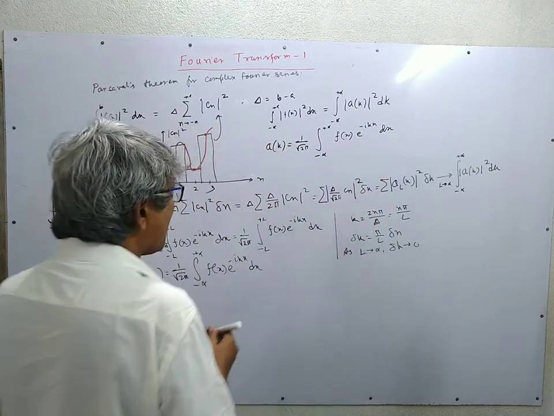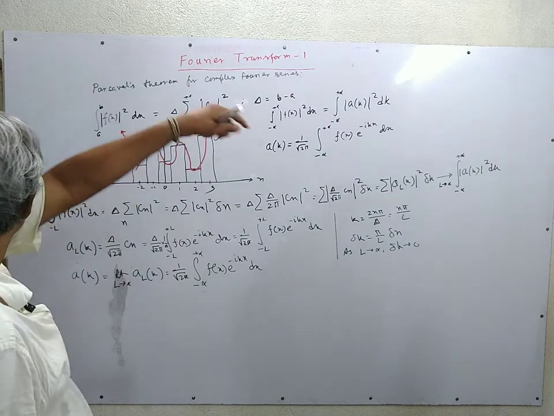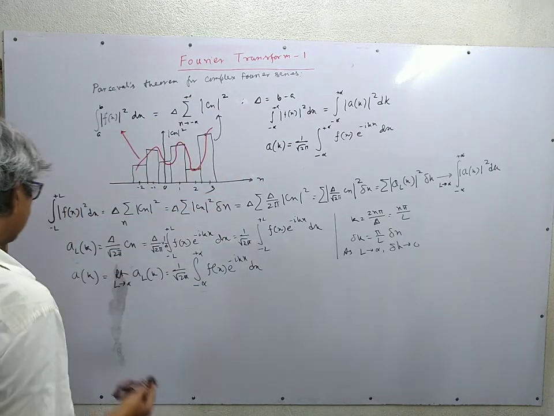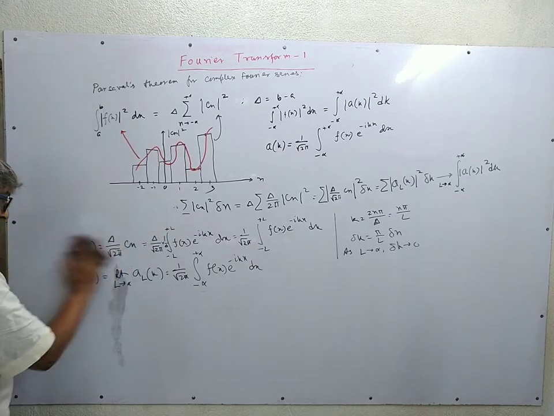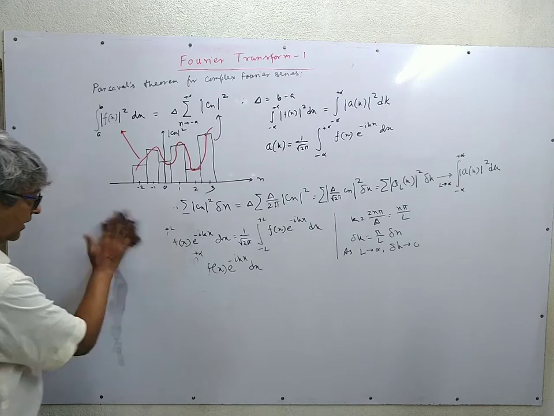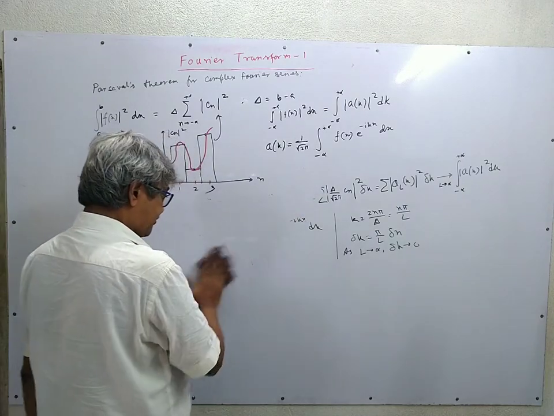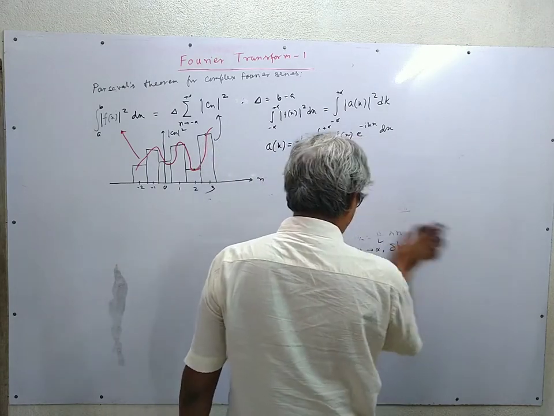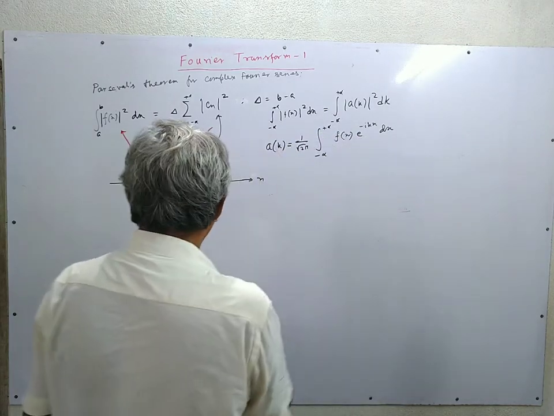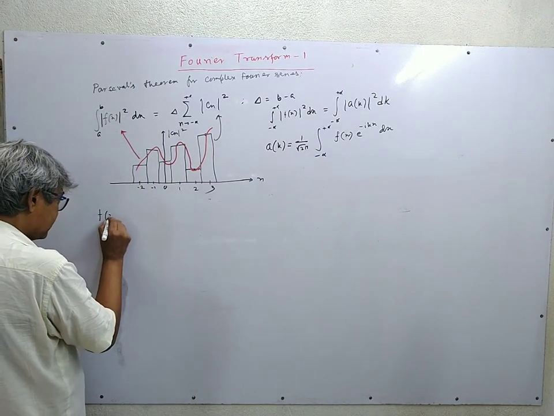What happens to the f of x representation in this case? So let me come to the expression for f of x. In complex Fourier series, we express f of x as a sum over n from minus infinity to plus infinity.